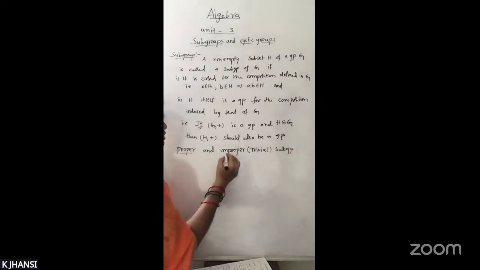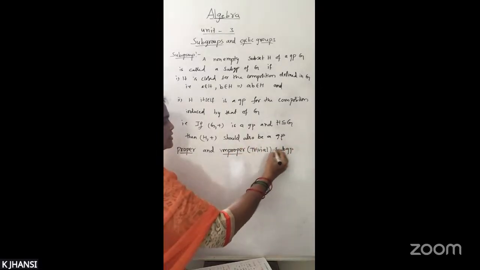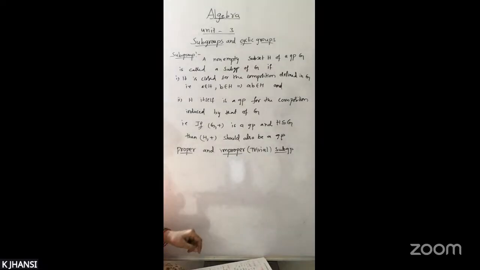So what groups are called proper subgroups and what groups are called improper subgroups? Every group G of order greater than 1 has at least 2 subgroups. We know the number of elements present in the set is called the order of the group.